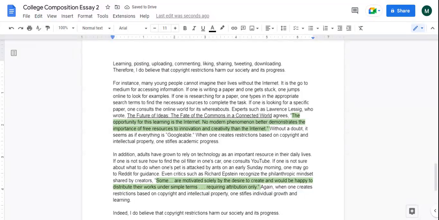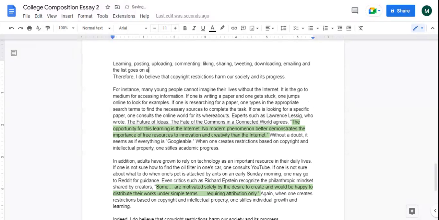I almost feel like these should be individual words. And the list goes on and on.